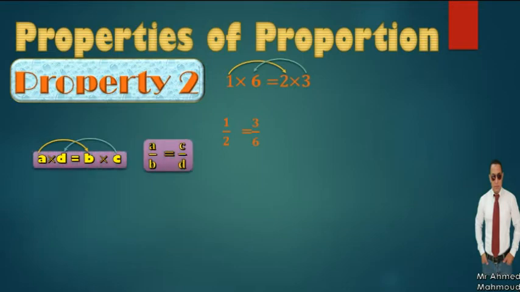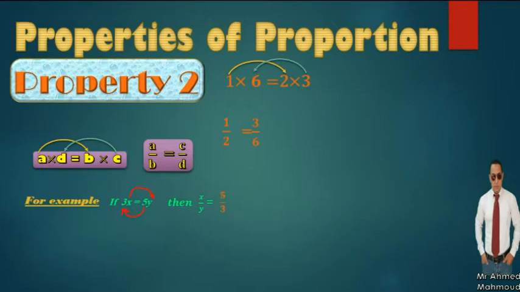This is a very important property. For example, if I have 3x equals 5y, then x over y equals 5 over 3. Again, x over y equals 5 over 3, like this.